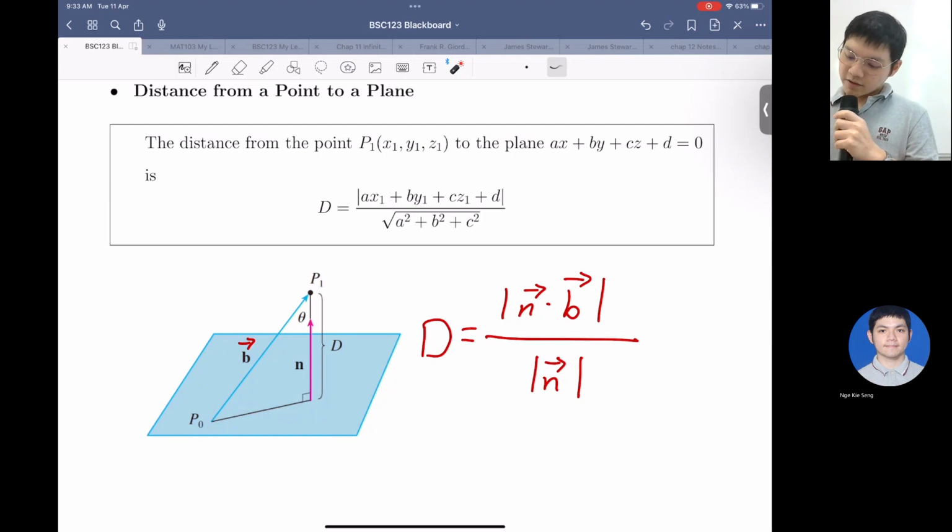If you project to N, it is the vertical component. If you project to the horizontal component, you still need to take a difference. So you just project to the vertical component, so you take the product of B and N.